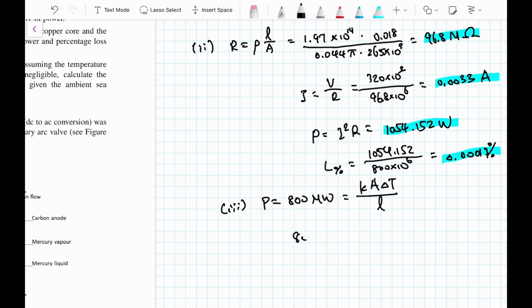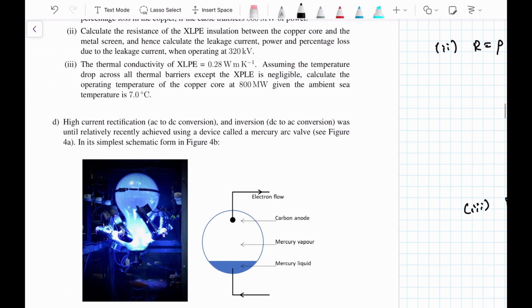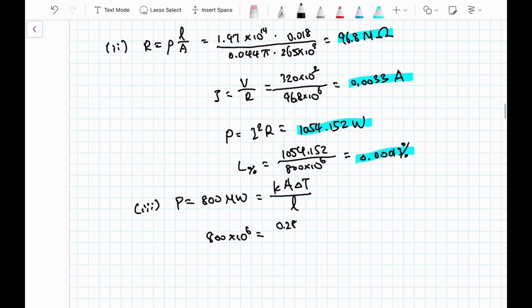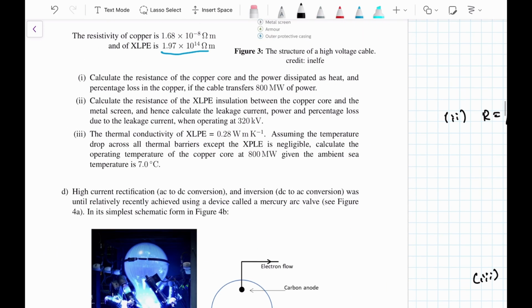So 800 times 10 to the 6 is equal to 0.28 times the area.